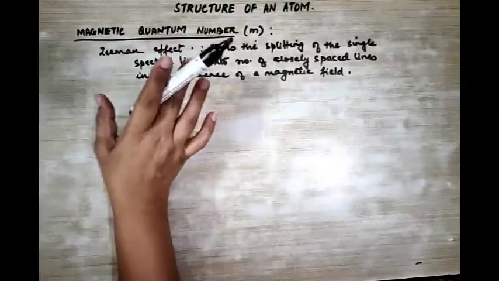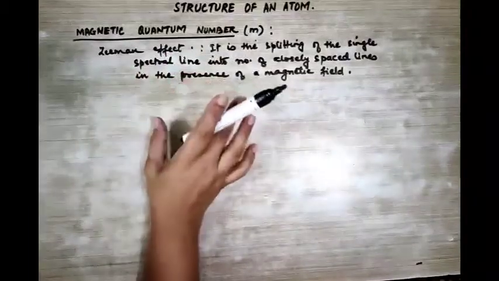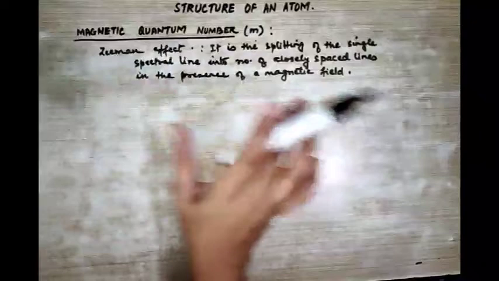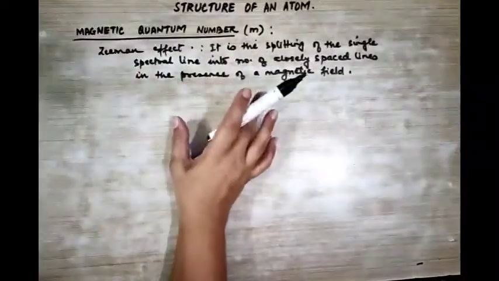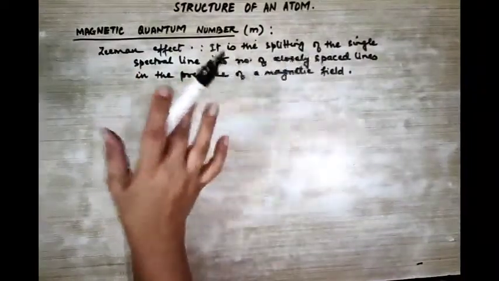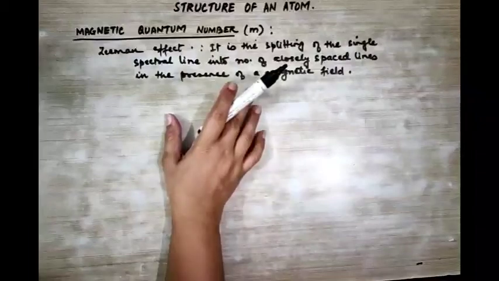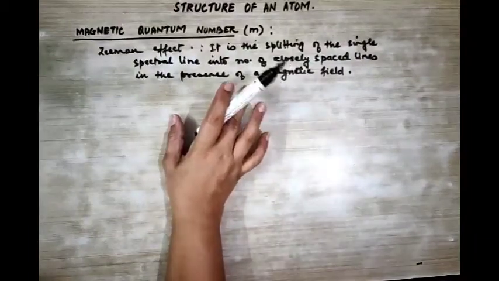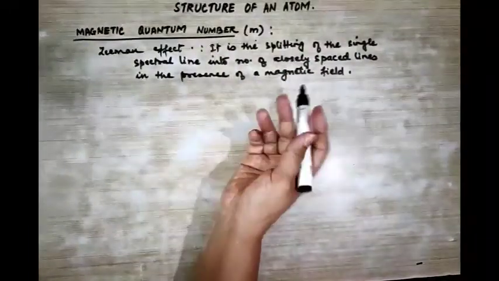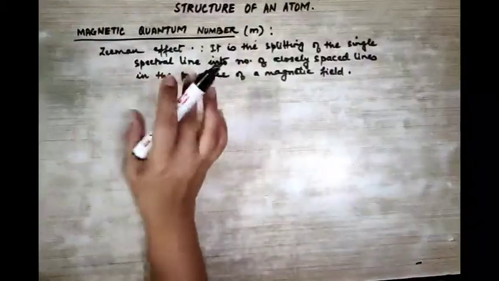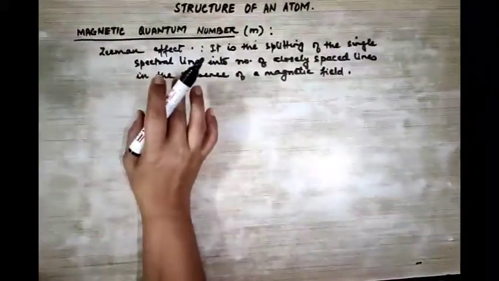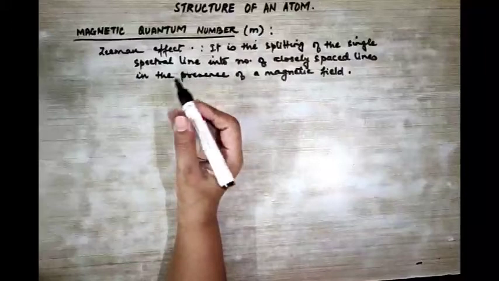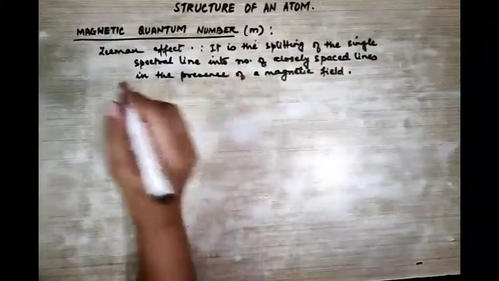An electron producing a single line has several possible space orientations for the same angular momentum vector in the magnetic field. What do I mean by that? That under the influence of the magnetic field, each subshell is further divided into orbitals, right?